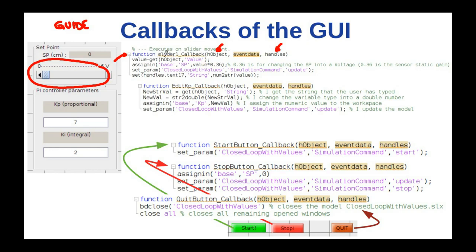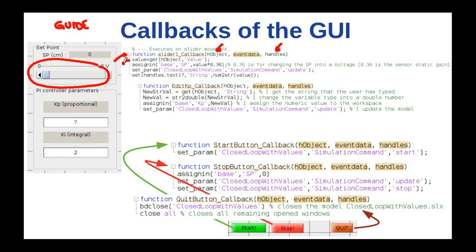Here I use the hObject in order to refer to the slider1 within the function in order to get its value. So every time the graphical user interface is running, every time the user clicks here or here, every time the user changes the value, this value is obtained by means of get hObject, the field value.